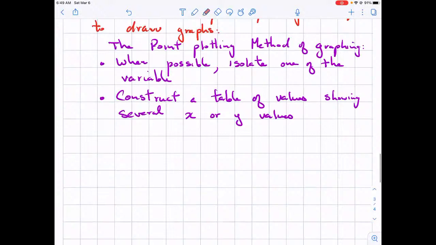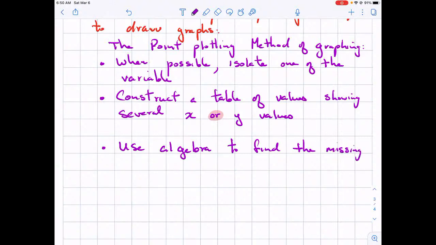Only one. Make sure it's or, right? And then use algebra to find the missing values.